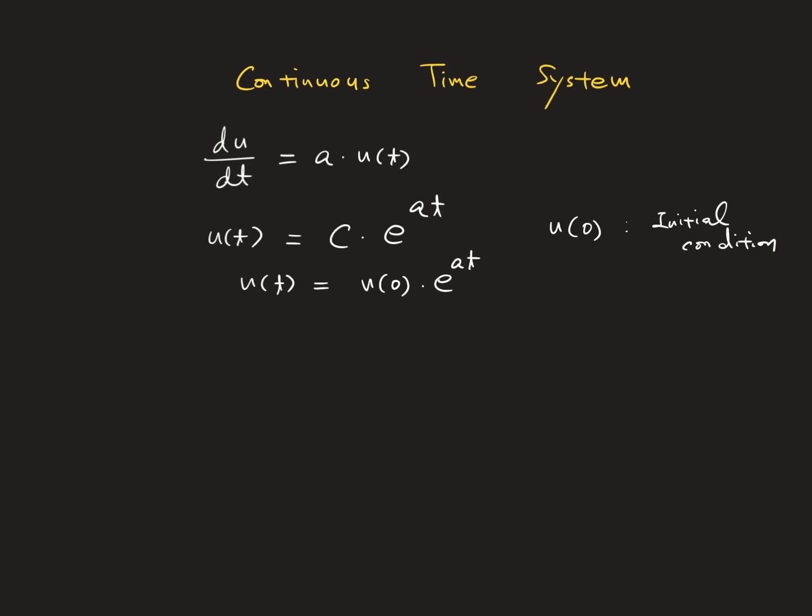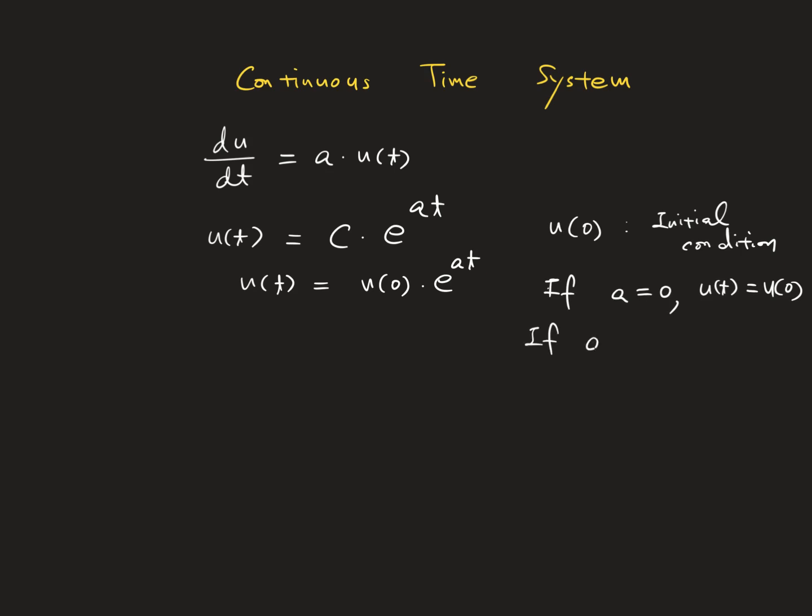As we know, if a is 0, u of t will be u_0 and stay forever.